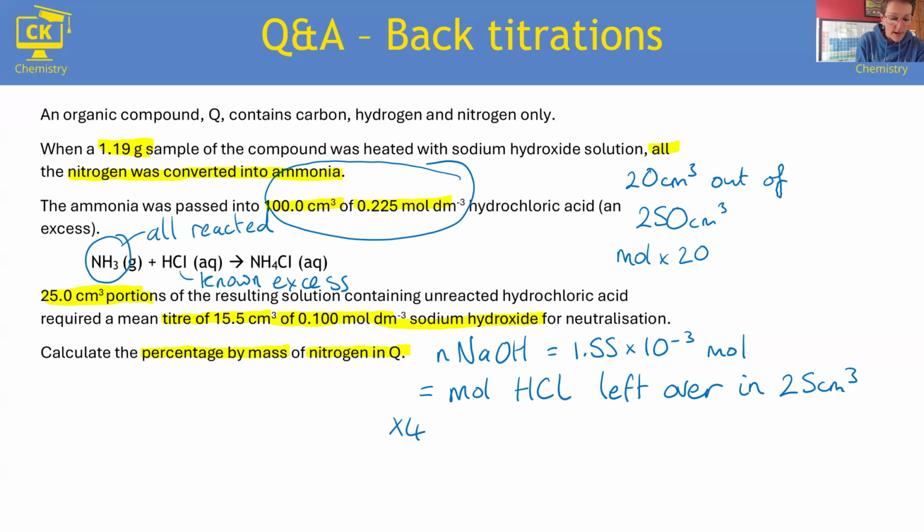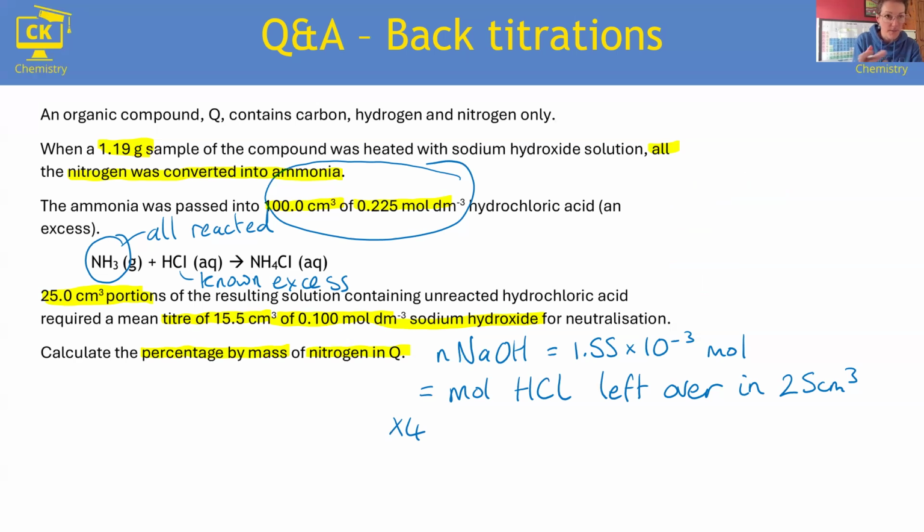No, other way around. Times 250 over 20. So it's almost like you find the moles in 1 centimeter cube and then you times that by 250. Okay, but this time it's times it by 4. I'm actually going to rub that out because I feel like if somebody paused the video, they'd be confused as to why that was there.